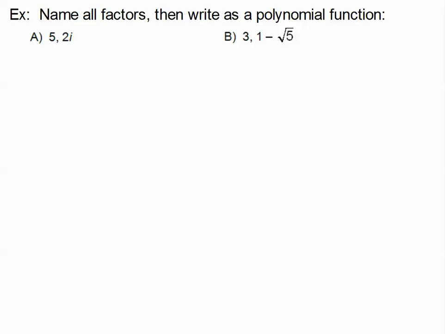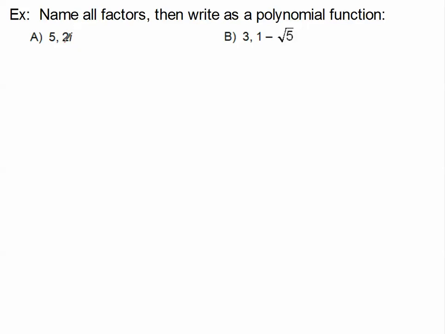This is the backwards idea that we started in the last tutorial. It says, first of all, name all factors, then write as a polynomial function. So if we have these as roots, it looks like one of the roots is 5 and one of the roots is 2i, and I want to write the polynomial function, well, the first thing I might be thinking is, wait a minute, we're missing something.